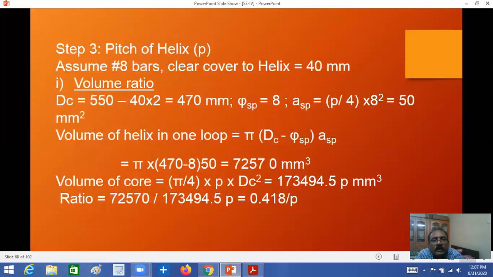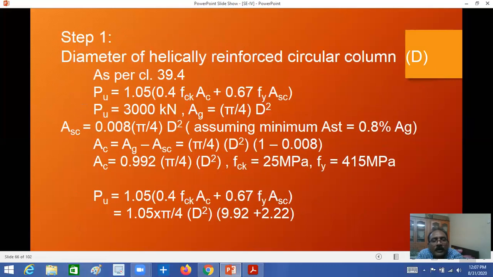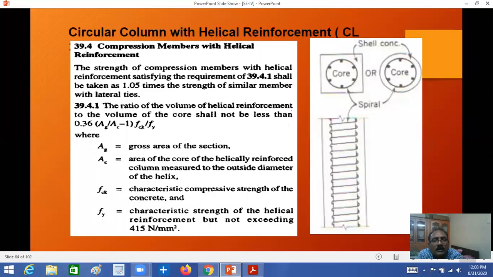So in this way, we have to do the problem by adopting the formula 39.4. AC is the area of helical reinforcement of the column measured by outside diameter, and AG is the cross sectional area. So AC is the area of the core helically reinforced, measured at the outside diameter of the helix. This is the outside diameter of the helix.